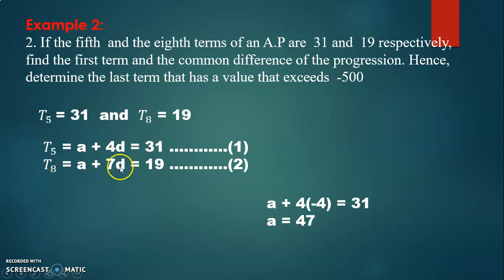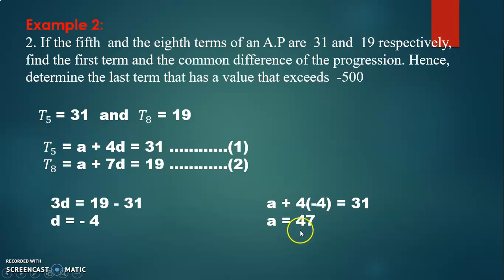T8 呢是 a plus 7d 等于 19. OK，然后 solve these two equations 咯, you minus, isn't it? 2 minus 1, you get 3d. 19 minus 31, you get negative 4. 然后呢 substitute d into a plus any one of these. Let's say negative 4 is your d, so can find a.